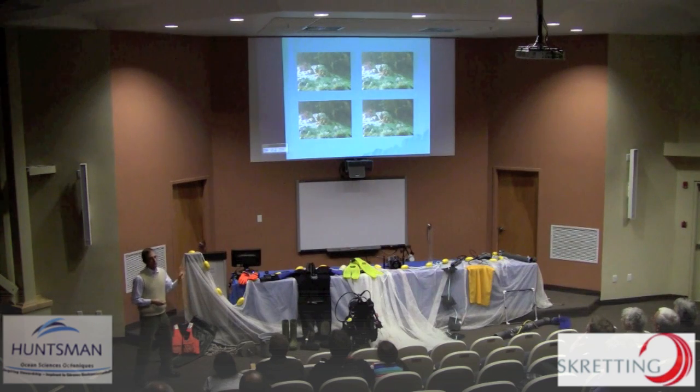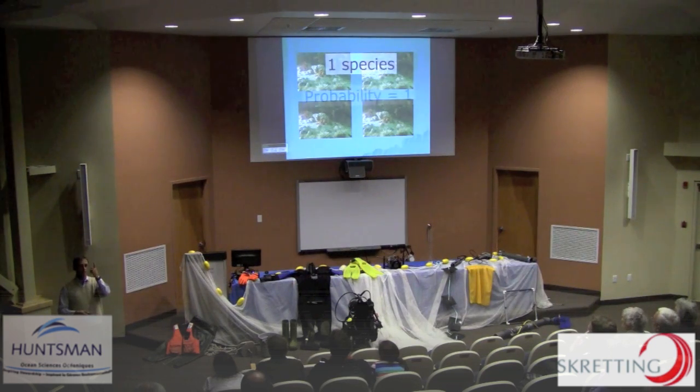Let's say I walk to the beach, and I put a net in the water, and I caught 4 hermit crabs. That's all I caught. What could I say about the diversity of my sample? Well, I caught 1 species.